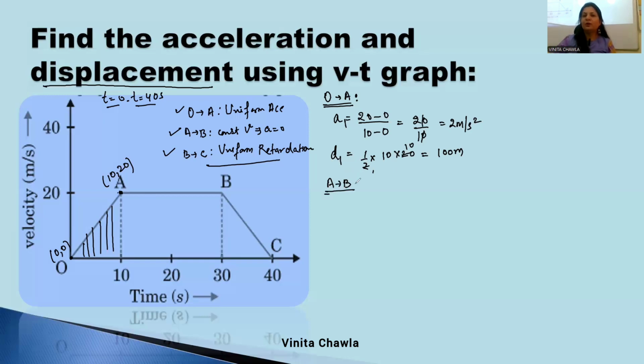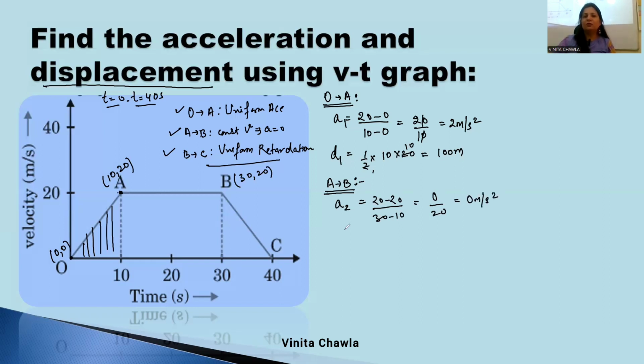From A to B, what is the acceleration? Again, write the coordinates of this point. It's (30, 20). So acceleration is y2 minus y1 upon x2 minus x1. So it's 0 by 20, and it is 0 meter per second square.